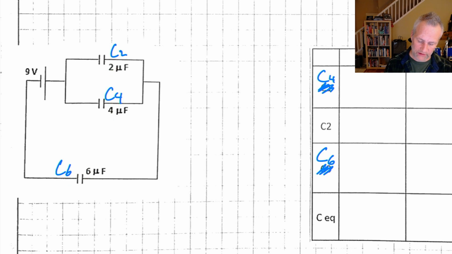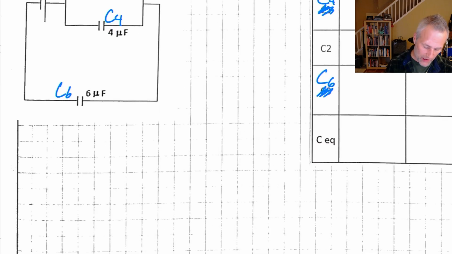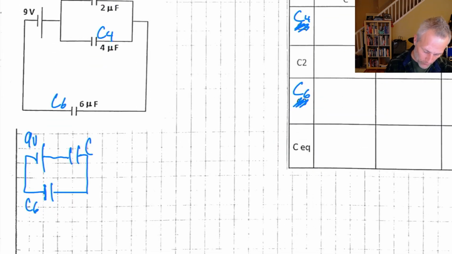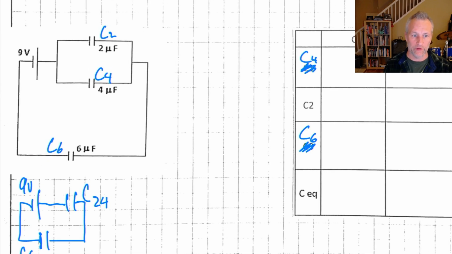So I know that these two here are in parallel, right? So I could draw out an equivalent circuit. I would have my 9 volts there. I would have my C6 down here. And then up here, this I'm going to call C24, because it's the equivalent capacitance for numbers 2 and 4, right?